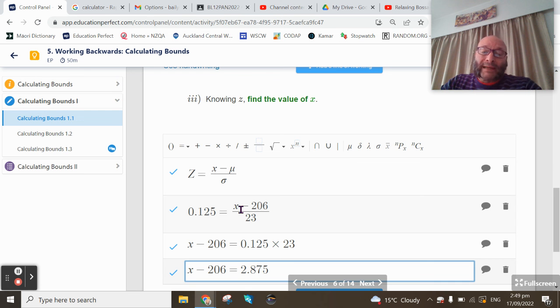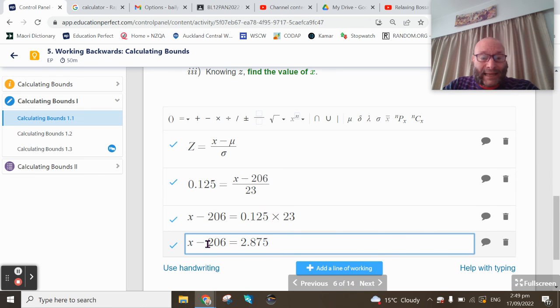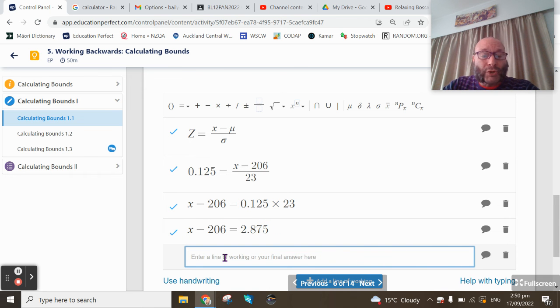So to get rid of this dividing by 23, we get x minus 206 is going to be 1.25 times 23. 1.25 times 23 is 2.875. And then to get the x all by itself, we're going to undo minusing 206 by adding 206.